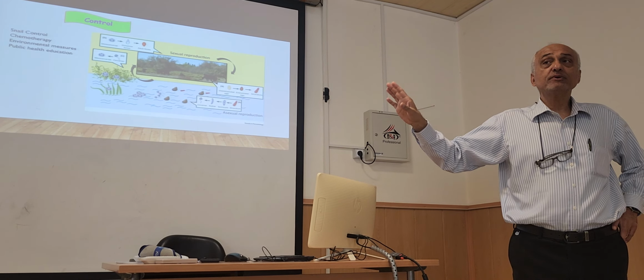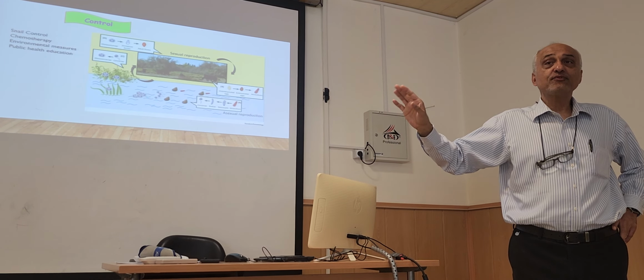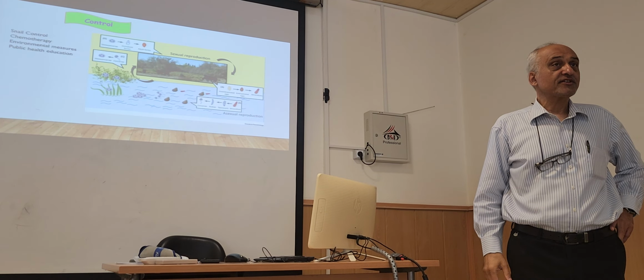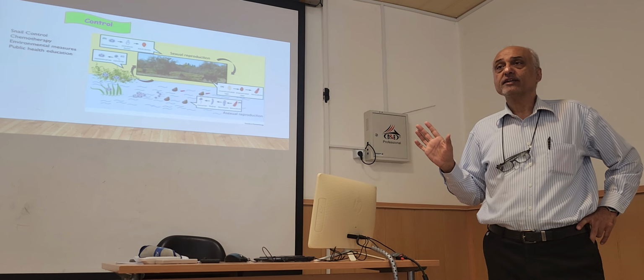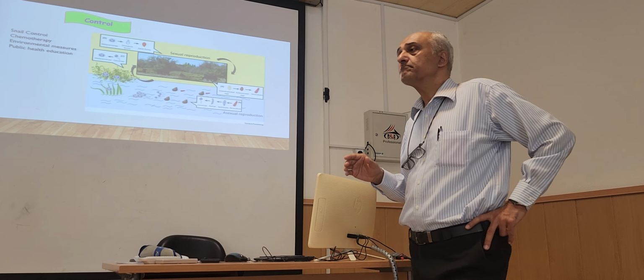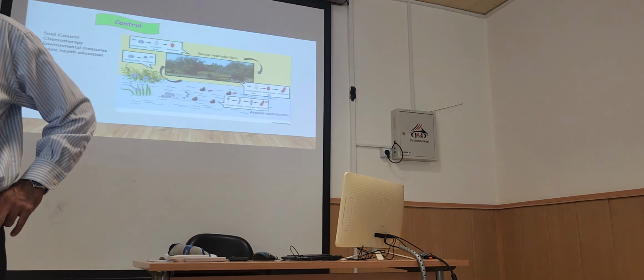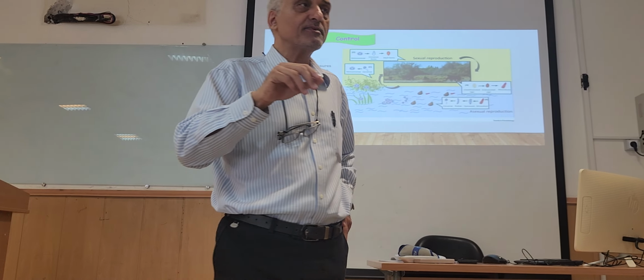This is the place to be careful about this parasitic infection. The first thing is that you have to tell the people who live over there to be conscious about this possibility.